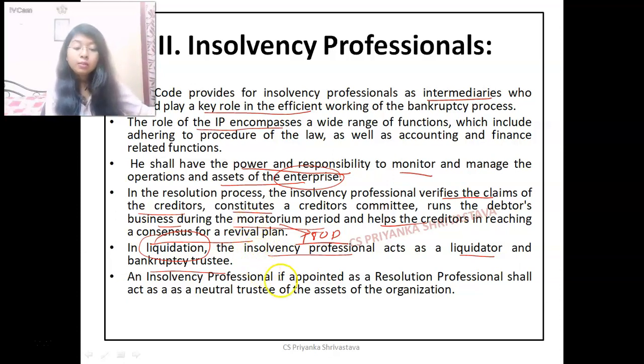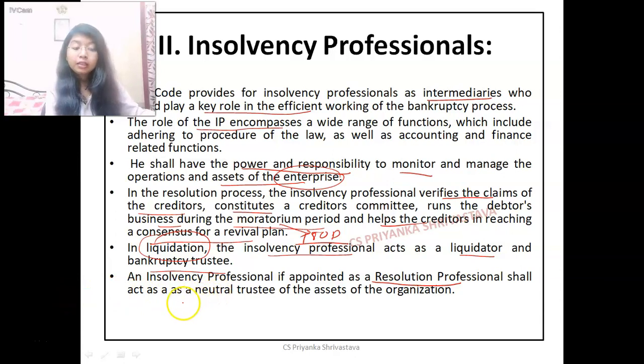And the insolvency professional is appointed at the time when the application is filed to the NCLT that we want the company to go into insolvency. At that time the insolvency professional is appointed, and after making the committee, it appoints an insolvency professional as a resolution professional, who will act to resolve the issues of the company.